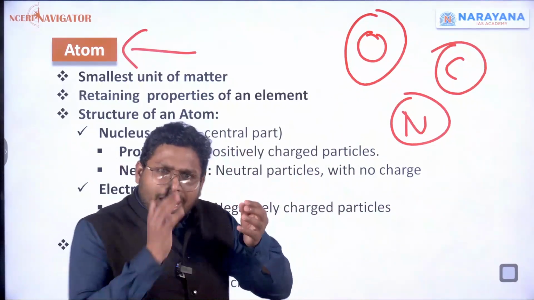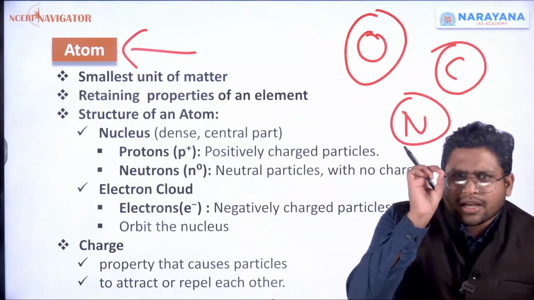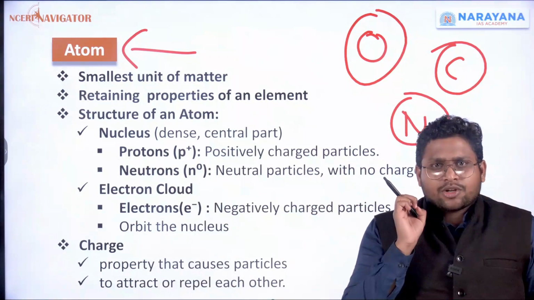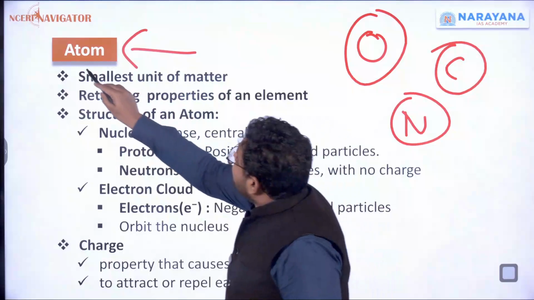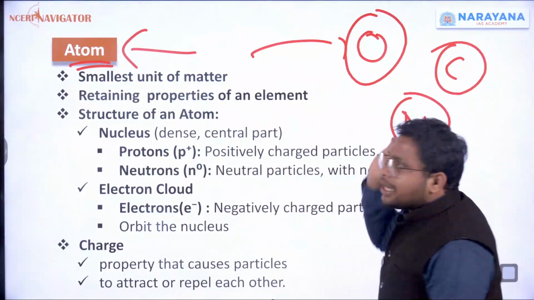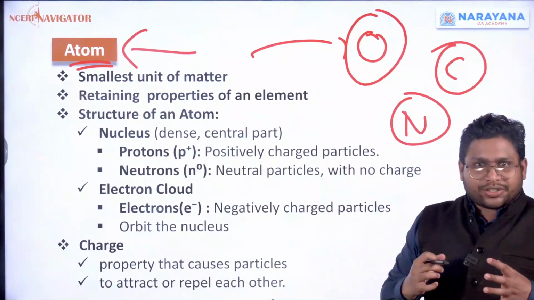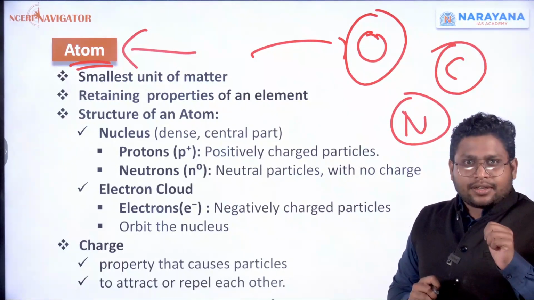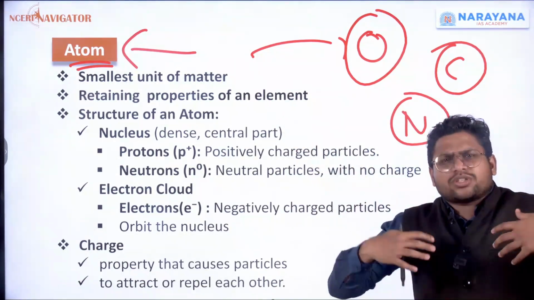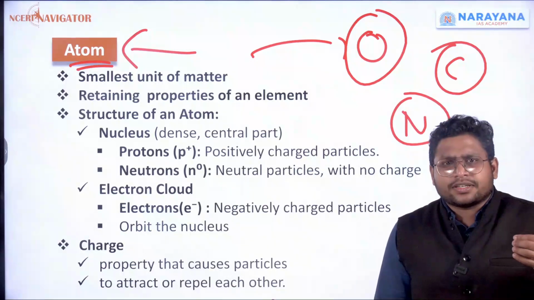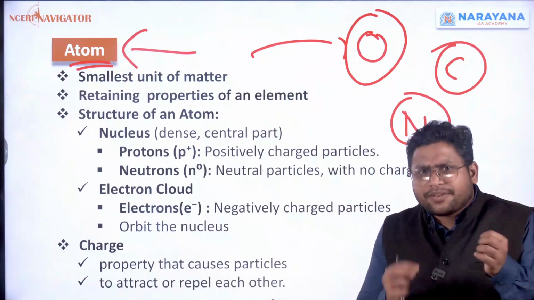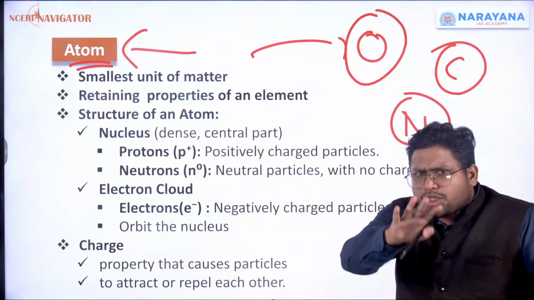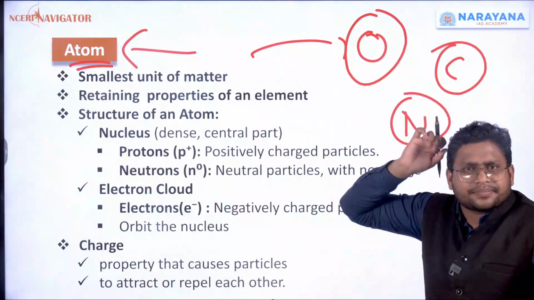I am dividing it to see its smallest unit. Whatever I get at the end is the atom of carbon or atom of oxygen or atom of nitrogen. That is the smallest unit which cannot be divided further. Now this was assumed to be indivisible, but we have other studies which claim that we can even divide it and come to know about the subatomic particles. But for now, just look at the atom.